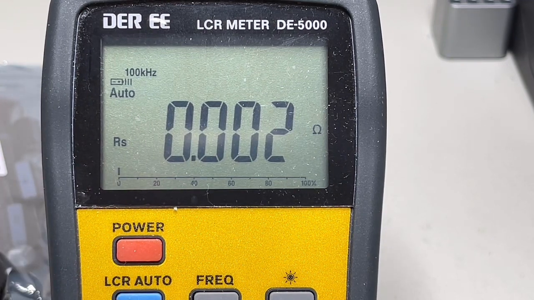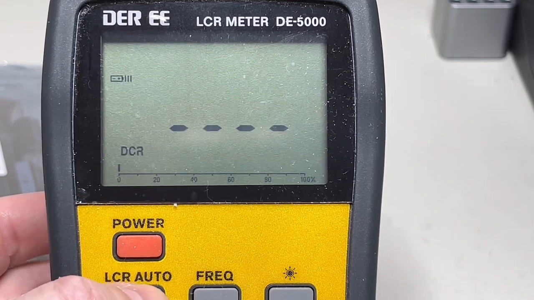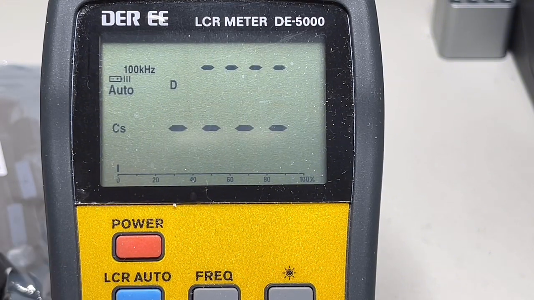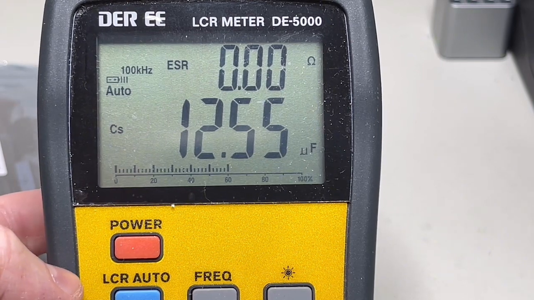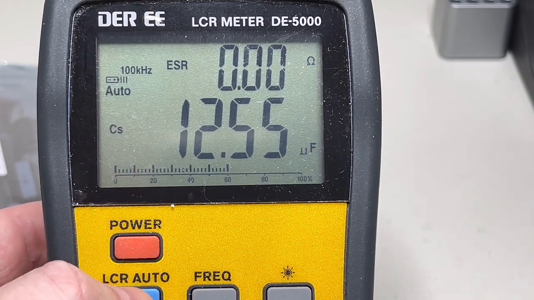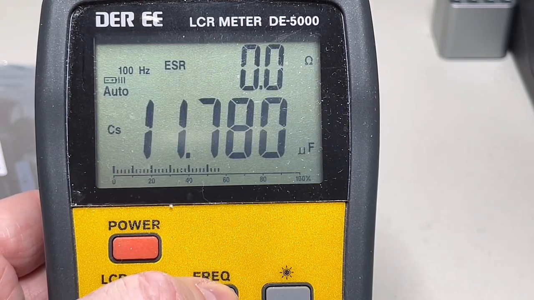But let's go again to the capacity setting. It is a little bit cumbersome to do that, but okay. Anyway, this doesn't stay where I wanted to put it. 12.55 microfarads at 100 kilohertz. And here I want to show you too how the frequency influences the capacitance. At 100 hertz, 11.78 microfarads.